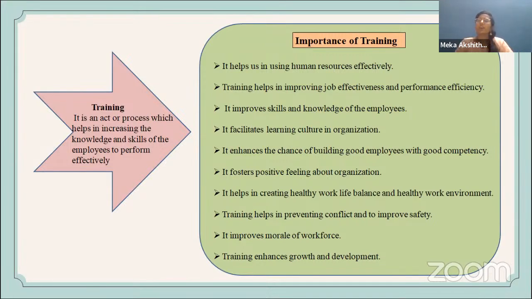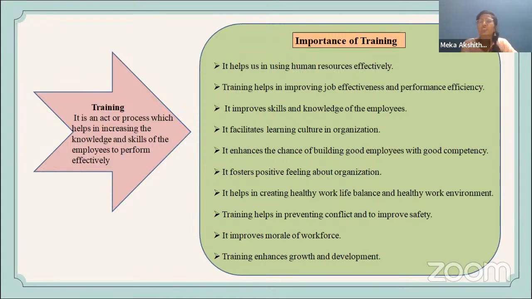Then comes, why is training important? What is the significance of training? It helps us in using human resources effectively. There is an HR department in organizations, concerned with training, development, recruitment, selection, all these processes. In order to use the human resources effectively, training is one of the means.